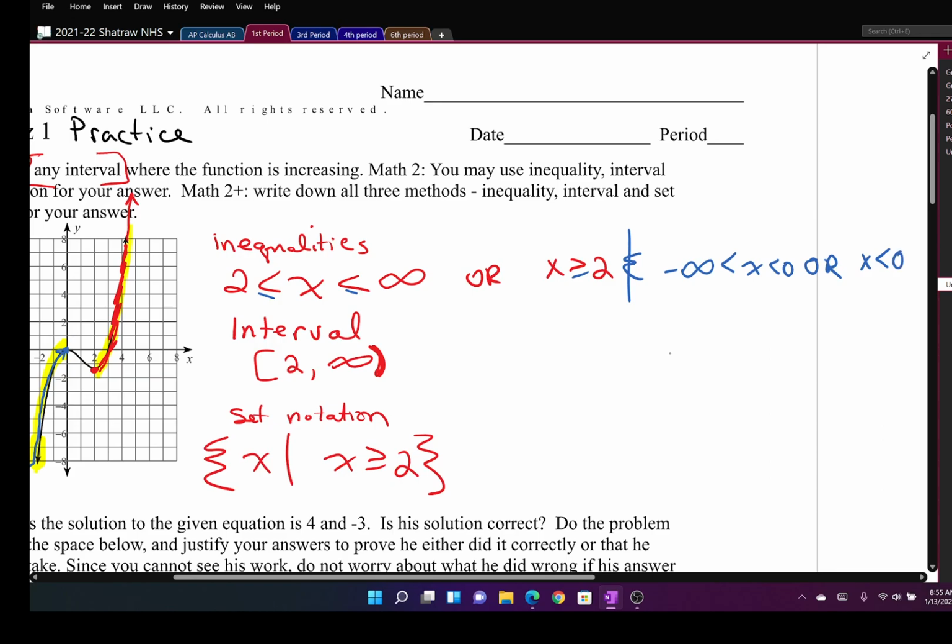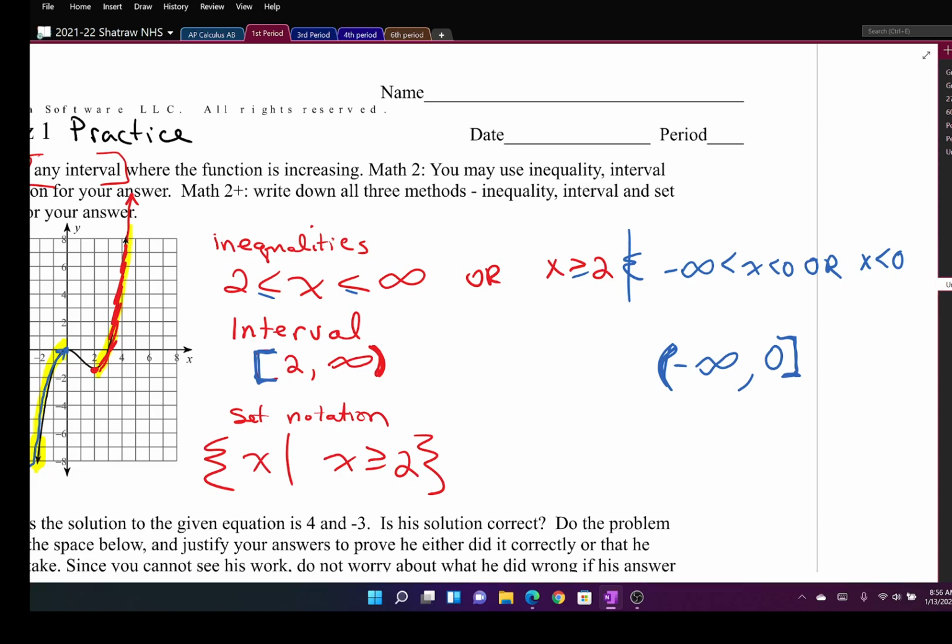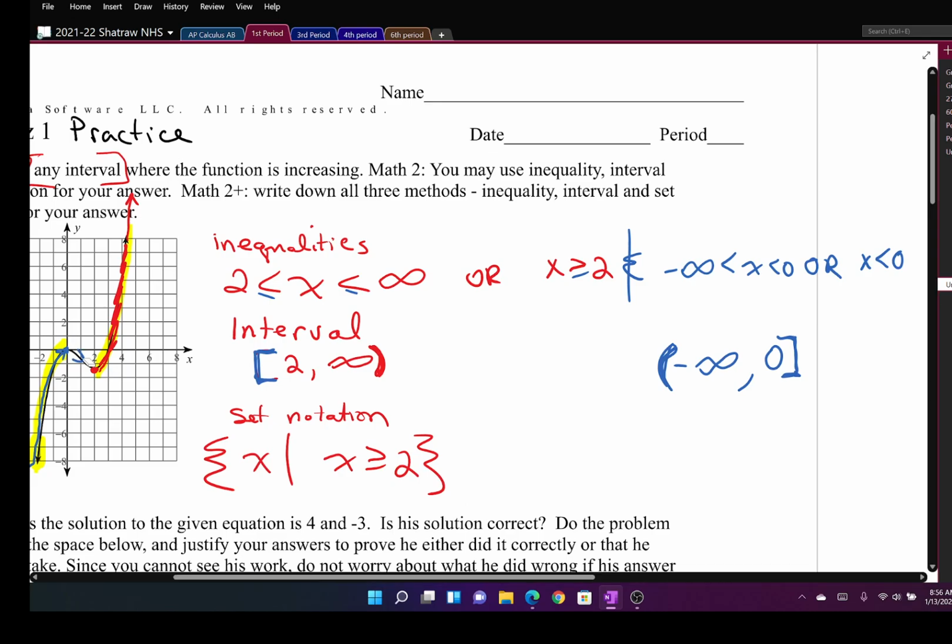In interval notation, you could write it with a negative infinity. Like I said, try to make that always be soft. And then all the way up here to 0. And again, I don't care on here if you do it like this, or like this, or if you do the soft bracket at those moments where the function changes directions.